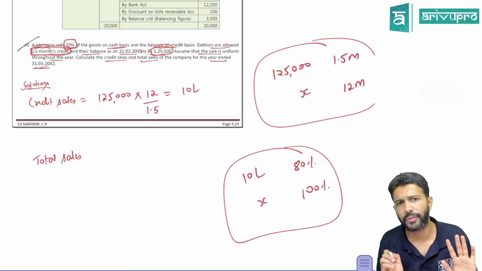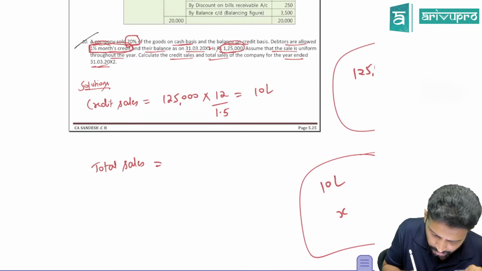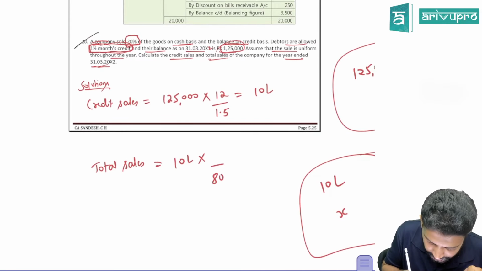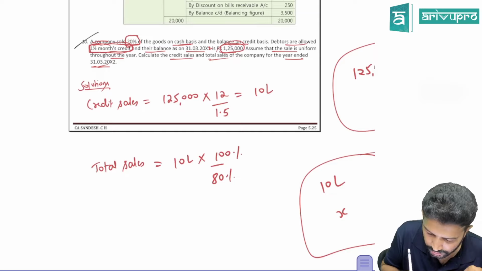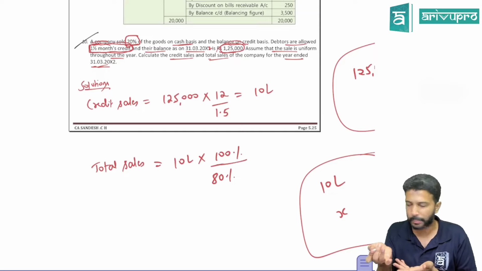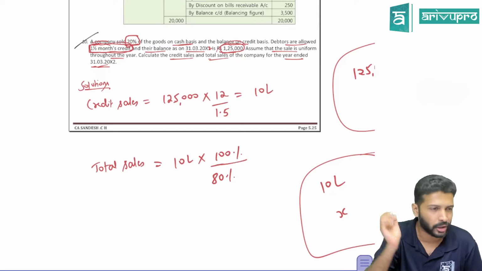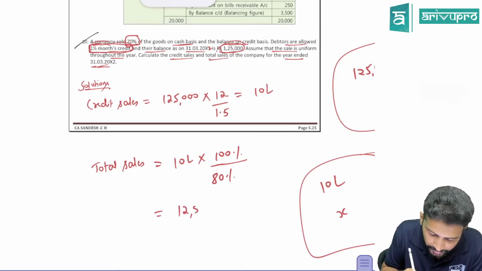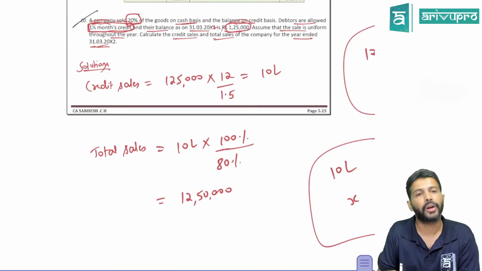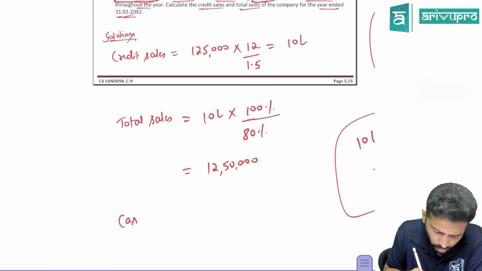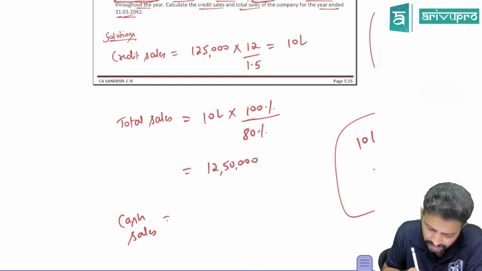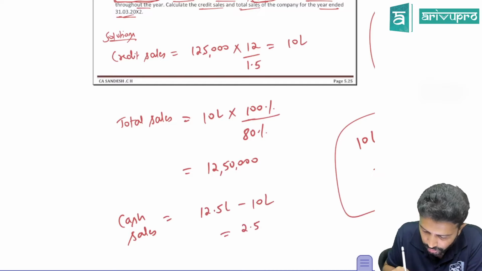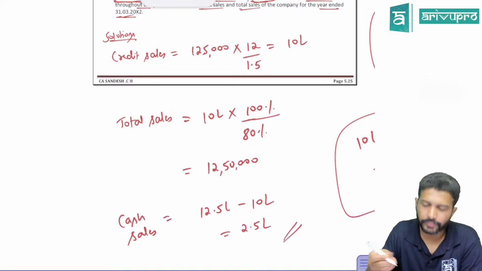So 10 lakh represents 80%, but we want total sales, which represents 100%. You can write 100% or you can simply do 100 divided by 80 also. One and the same. How much is this? 12,50,000 is your total sales. Cash sales they have not asked. Even if they ask, cash sales will simply be 12,50,000 minus 10 lakh, which is 2.5 lakh. That's all.